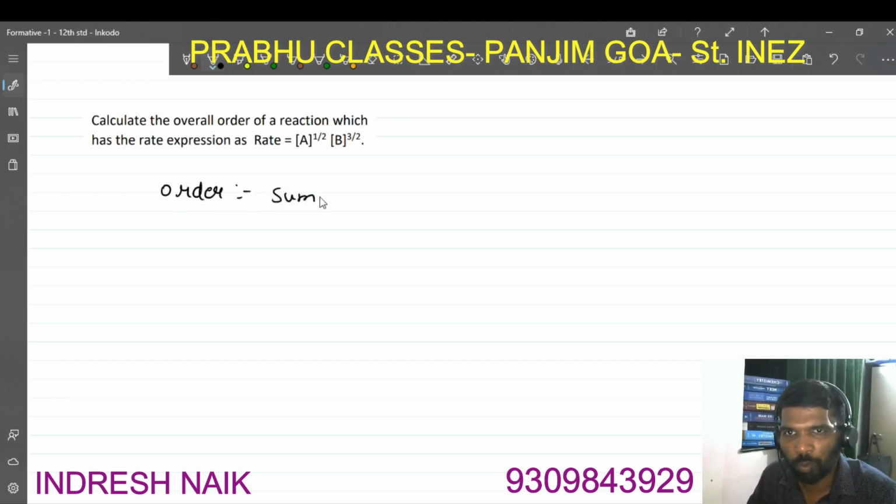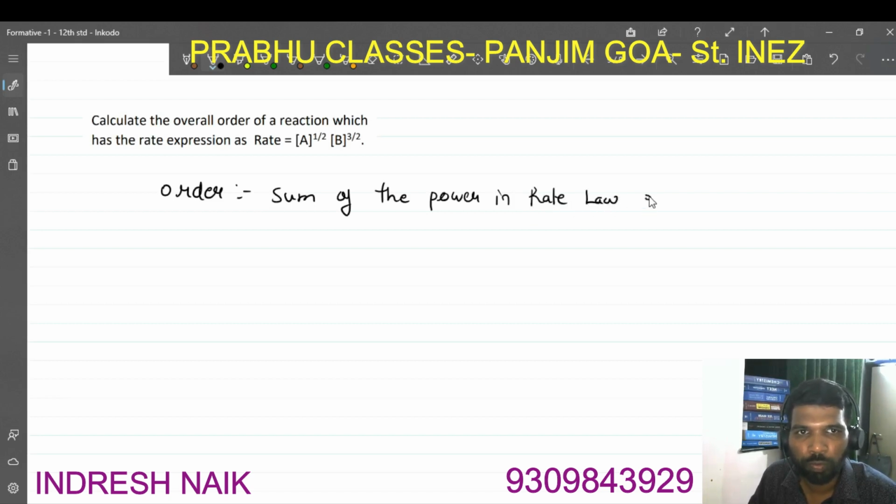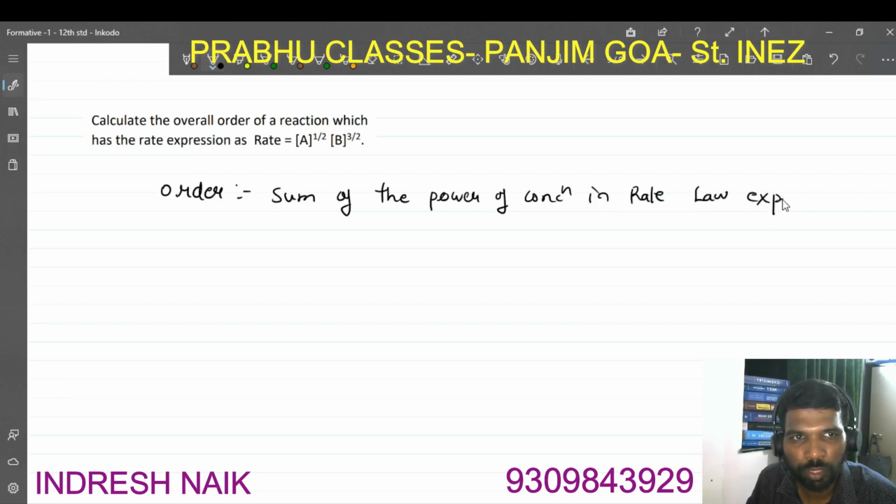It is the sum of the powers of concentration in the rate law expression. This is the meaning of the order of the reaction.